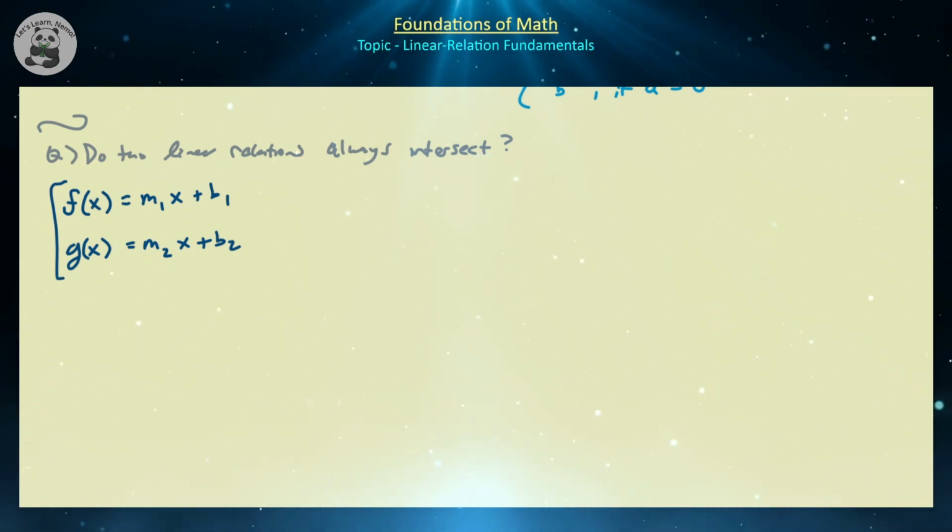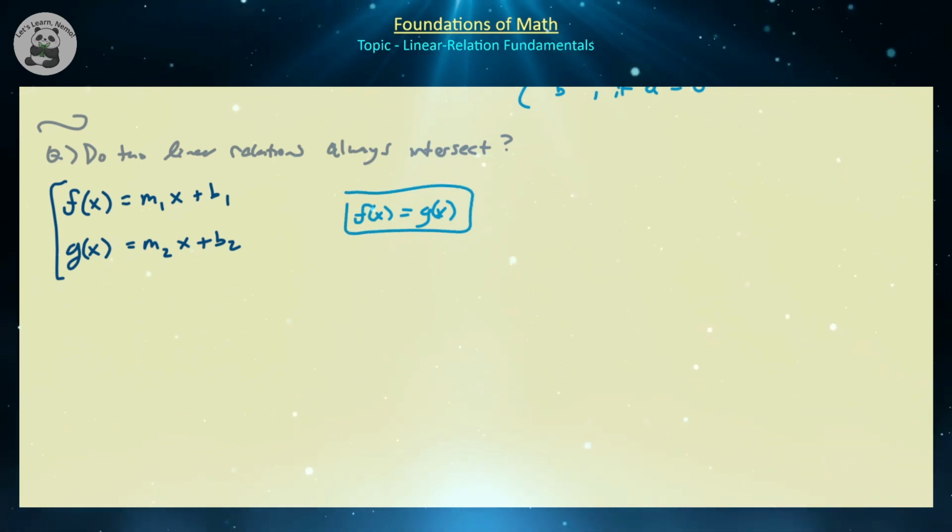So if f of x is equal to g of x, then what would that imply? That means they equal each other at some particular y value, right? So we want to find a condition on m1, m2, b1, and b2 such that the solution to this equation always exists.